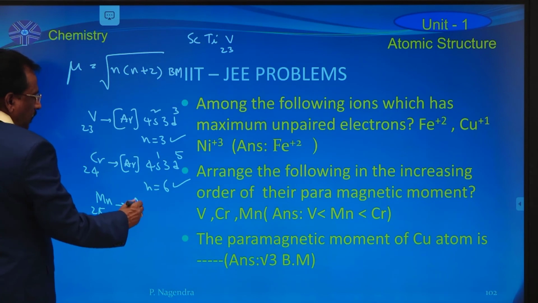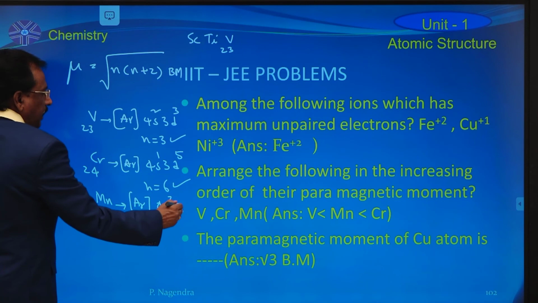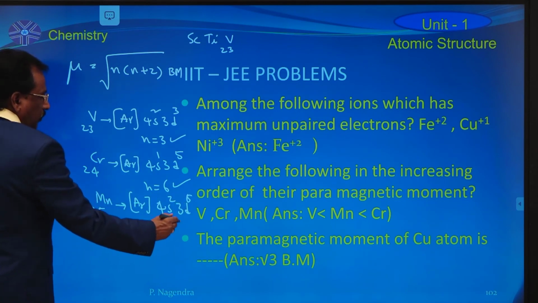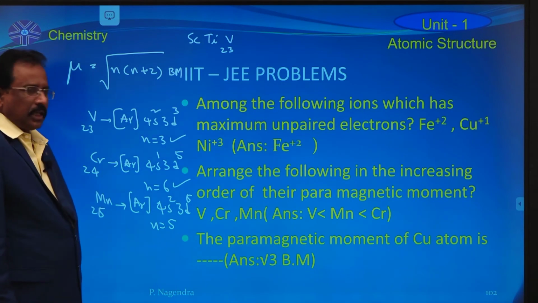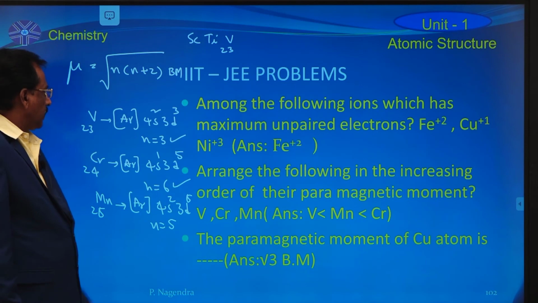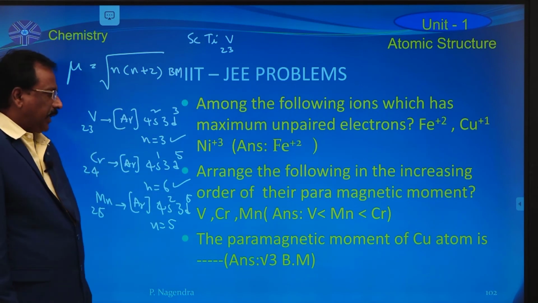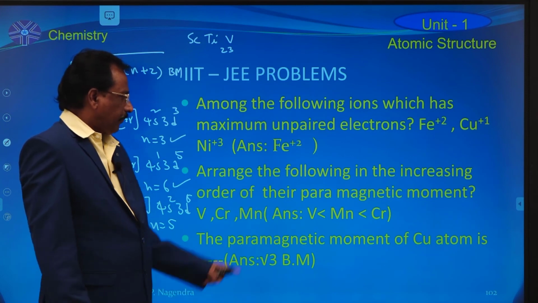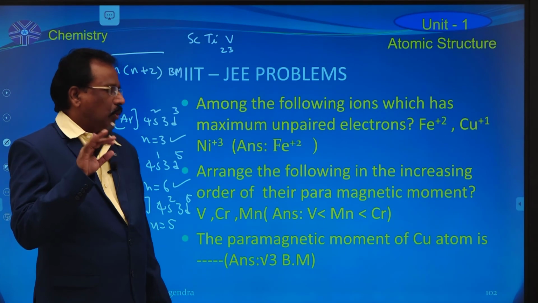Its configuration is 4s2 3d5. So the number of unpaired electrons is equal to 5. So the most unpaired electrons are present in chromium, and the fewest in vanadium. So the paramagnetic moment increases from vanadium to manganese and manganese to chromium.